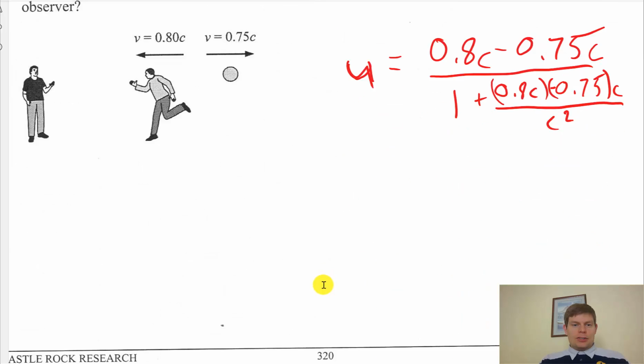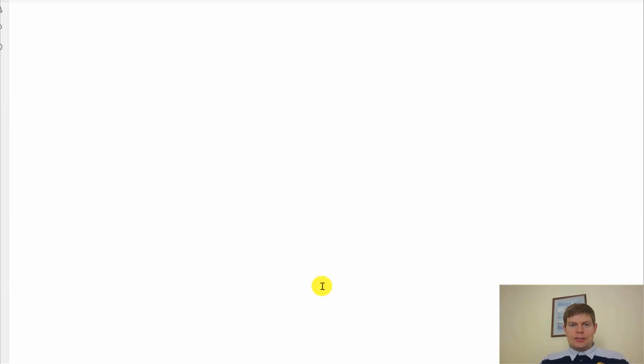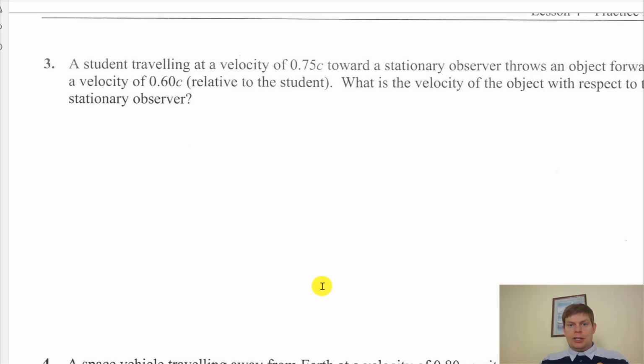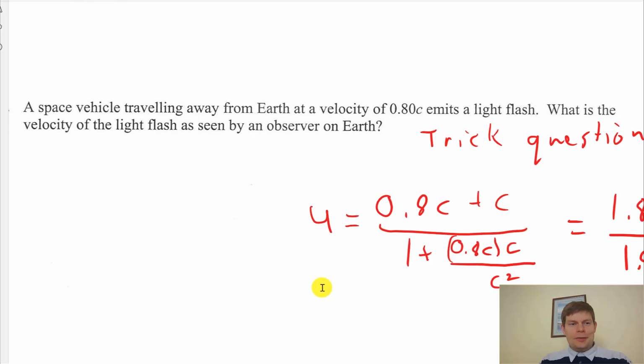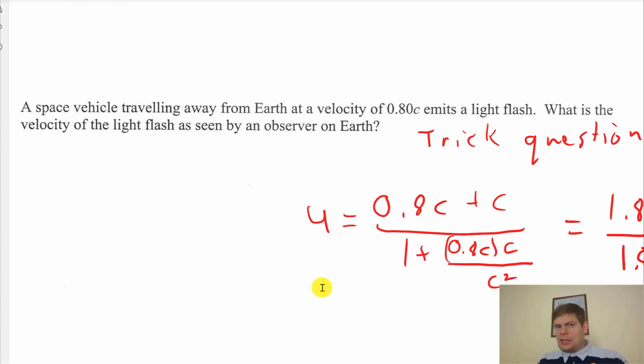All right. Again, this is largely just plugging in the numbers. This one is pretty interesting. I kind of like it. You've got a space vehicle traveling away from the Earth at a velocity of 0.8 times the speed of light, and they emit a light flash. Now, this is a trick question, though you don't have to treat it as such.